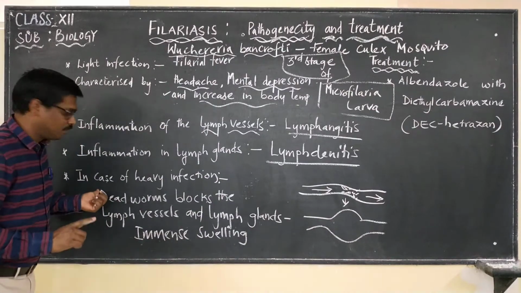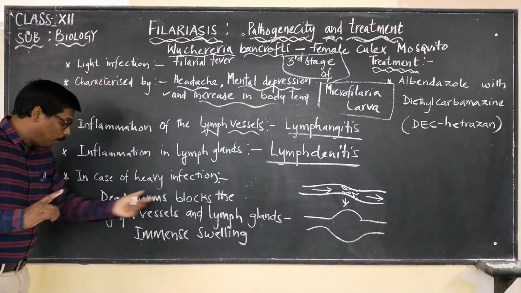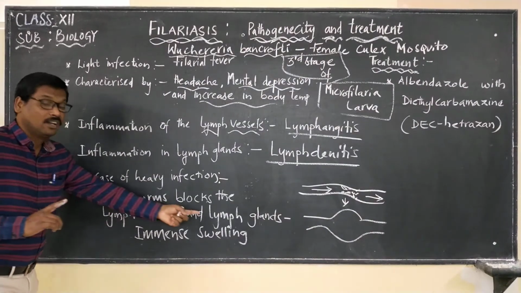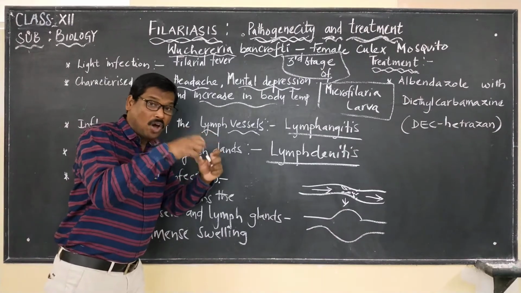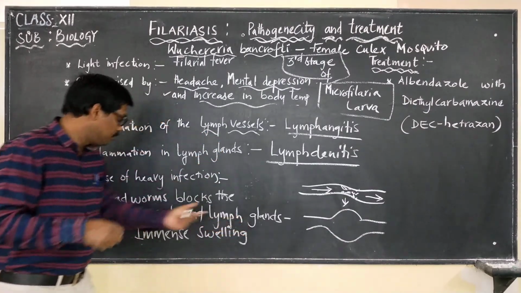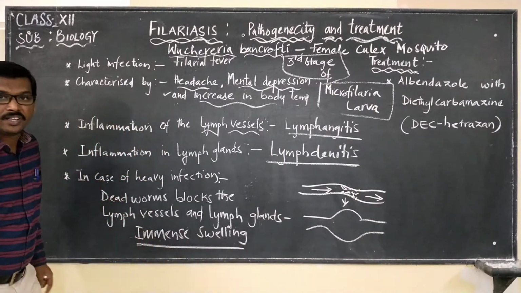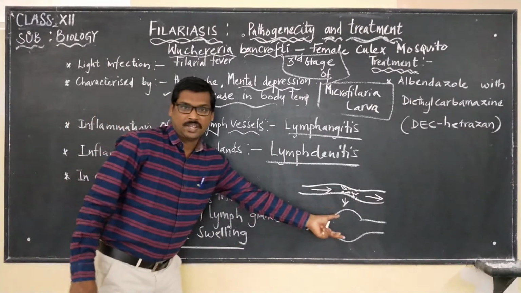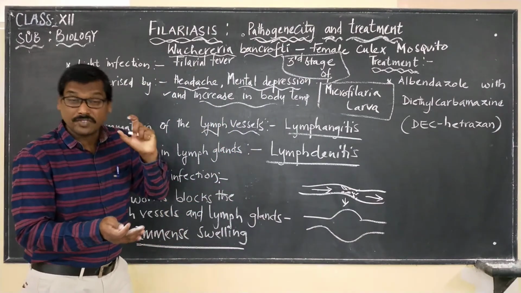So we have to make note of this. In case of heavy infection, dead worms block the lymph vessels and lymph glands. When there are many dead worms blocking them, there will be immense swelling of that particular region of the body.